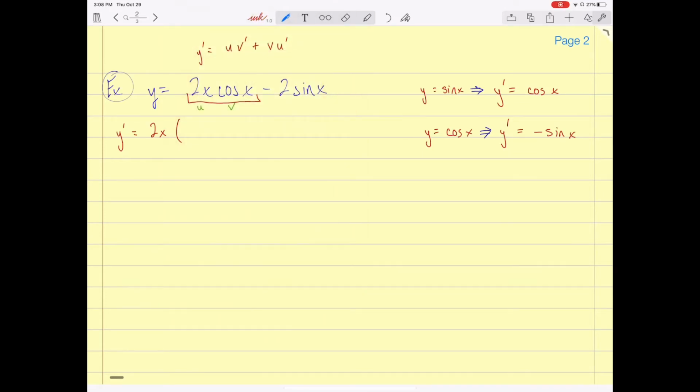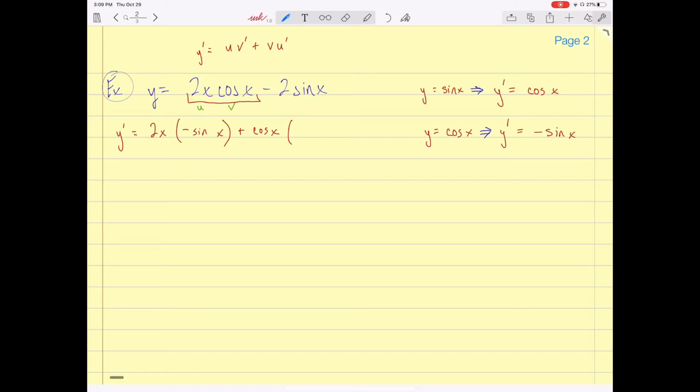Okay, so u is 2x. I'm going to multiply by the derivative of cosine. And from what I just showed you that's on the right here, the derivative of cosine is negative sine x. And then to apply that product rule, again, we take v, which is cosine x, and we multiply by u prime.